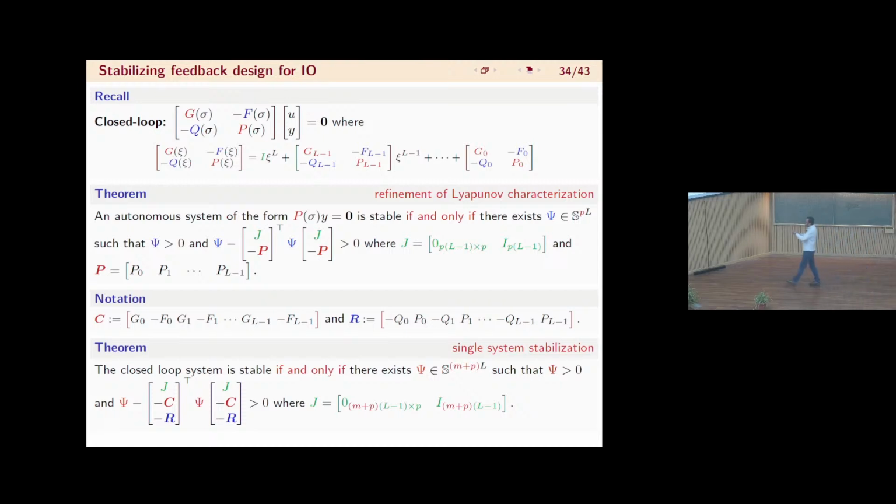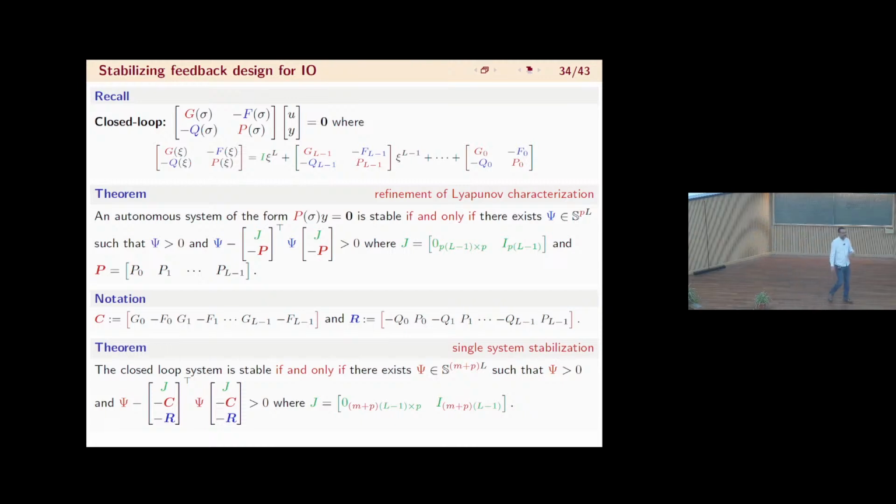And this is nice because I have this matrix inequality, and then this is the design problem given R. I am looking for psi and C, psi positive definite, that satisfy this inequality, which is not a linear matrix inequality, but I can, again, manipulate it a little bit.